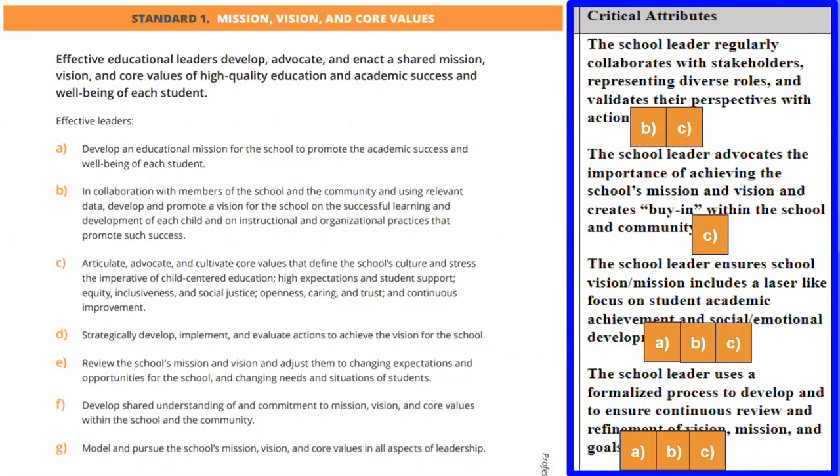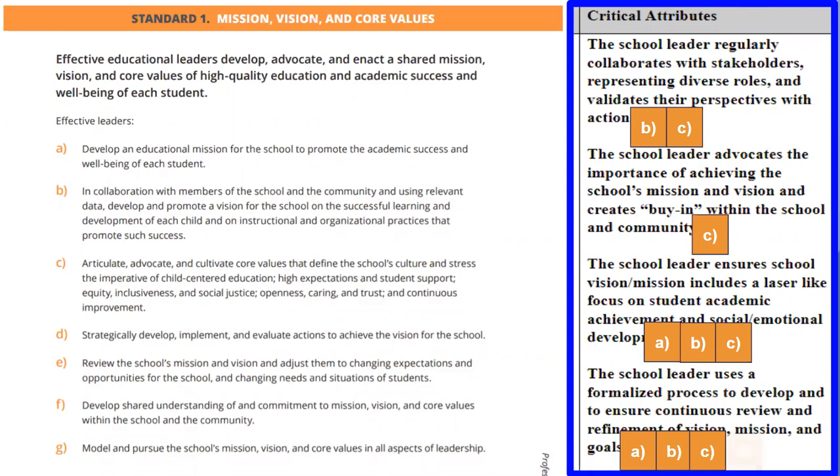The third critical attribute emphasizes the importance of student well-being, just as the phrase child-centered in the element stresses. Lastly, there is a link between element C and the fourth critical attribute. Notice the characteristic of continuous in both.